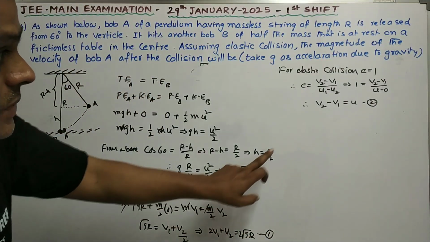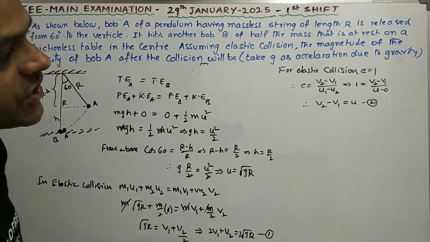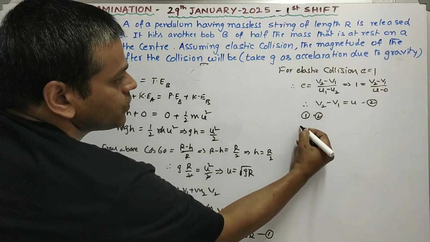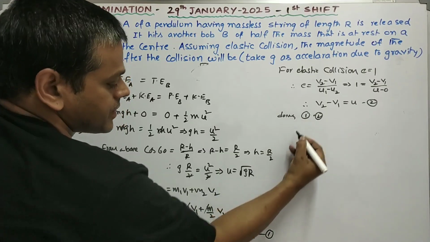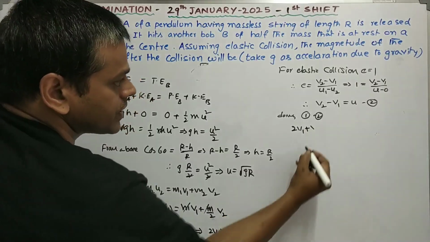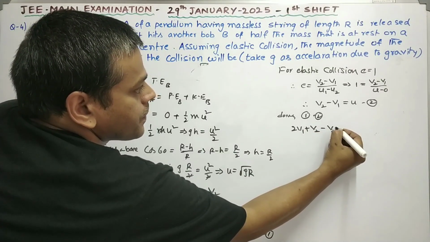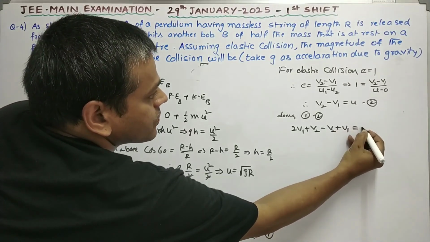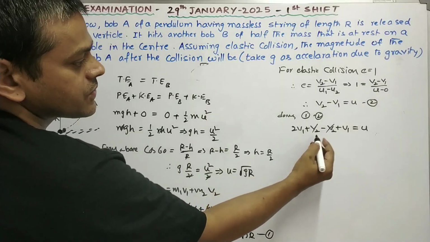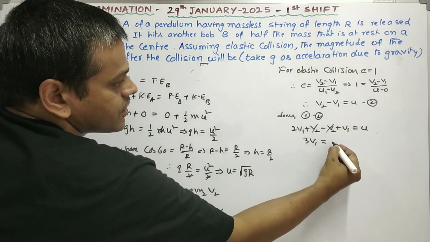Now I would like to subtract equation 2 from equation 1, that means 1 minus 2. So what happened? 2v1 plus v2 minus v2 plus v1 is equal to u. Here minus v2 plus v2 cancel. 2v1 plus v1, that is 3v1, is equal to u.